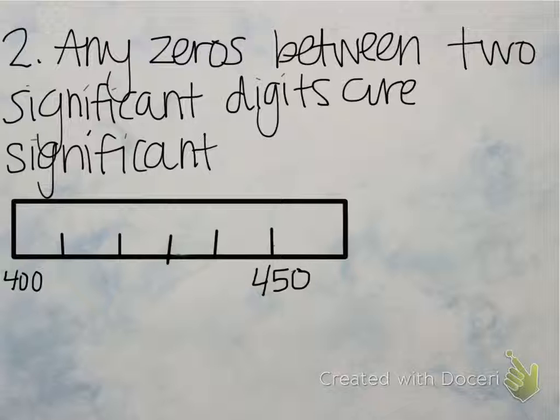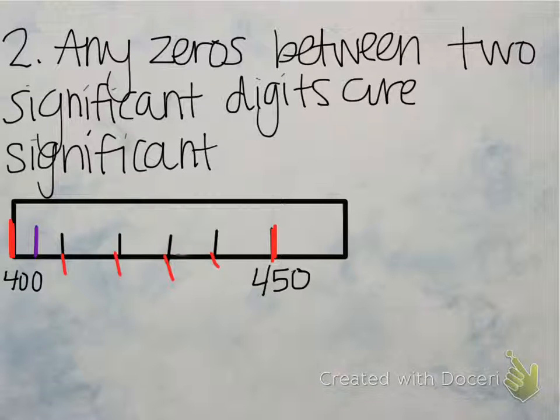The second rule: any zeros between 2 significant digits are also significant. Let's say we are measuring something and we measure it to be this length right here. When we're looking at this ruler that we have, we know that all the way down here represents 400. This represents 450. If we count out the scale on this, we're looking at 410, 420, 430, 440.